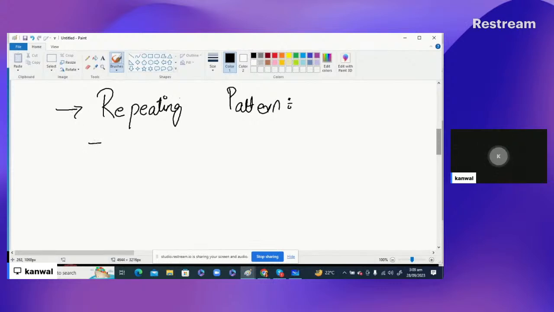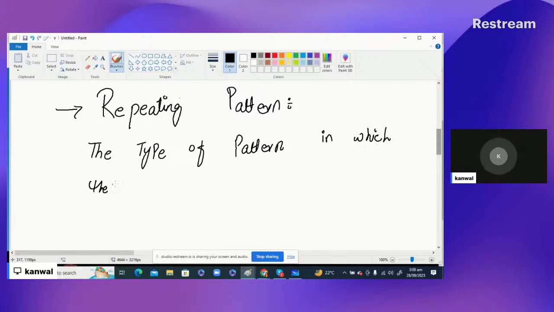This is the type of pattern in which the rule keeps repeating over and over.